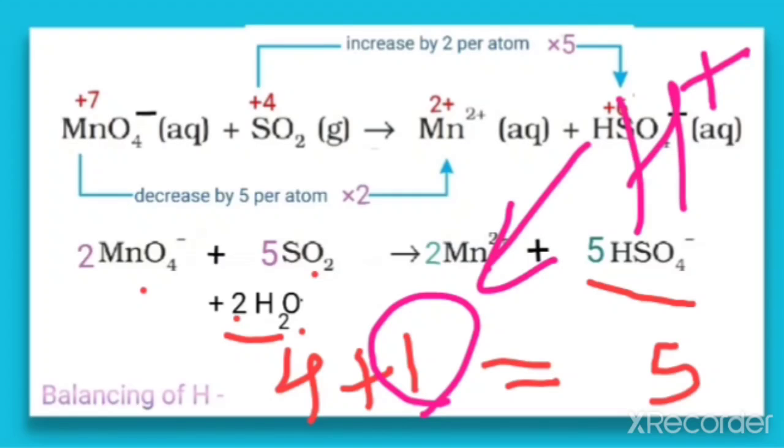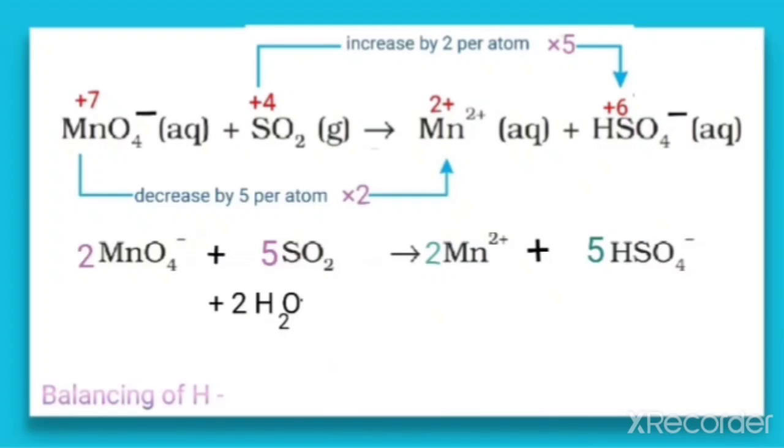It is not necessary that we always add on the left hand side. Where the deficiency is, there you have to add H positive. And how much is the deficiency? That much number of H positive should be added. So here a single H positive we have to add on the left hand side, that is the deficient side of hydrogen.